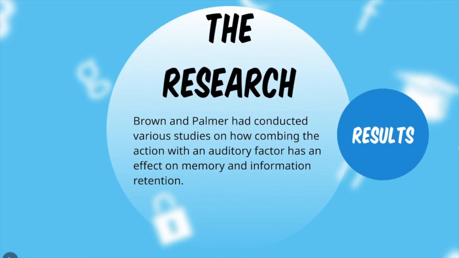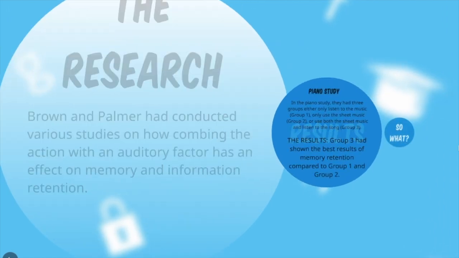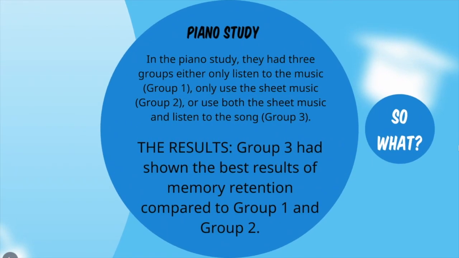I just wanted to bring up some outside research that I think relates to this. This was done by Brown and Palmer. Essentially, their study was to find out how combining an action with an auditory factor has an effect on memory and information retention. They worked with piano players and had three different groups.